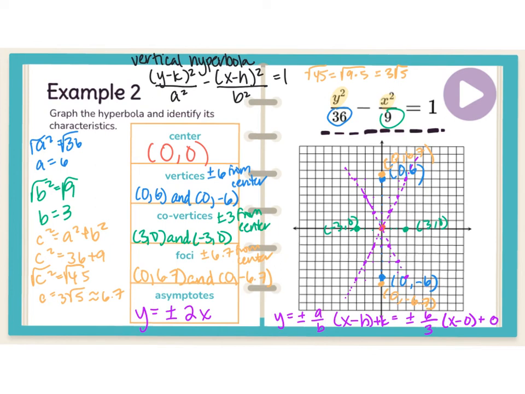Oops. There we go. Now remember, this is a vertical hyperbola, so it's going to open up and down. So when I sketch this, I have to intersect the vertex, and I have to approach the asymptotes, but not intersect them.